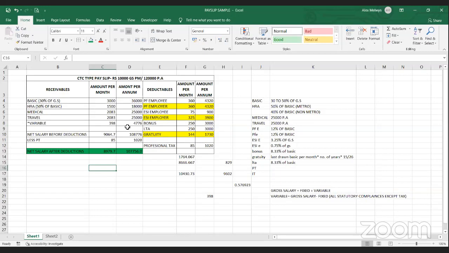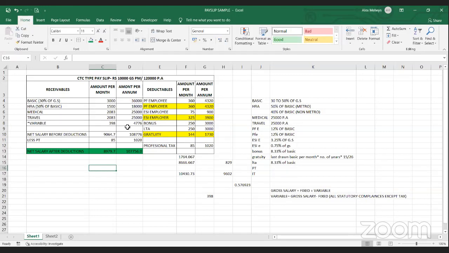Next step is you need to find the variable pay. How can I find the variable pay? Gross salary is equal to fixed plus variable. To get the variable component, I need to find gross salary minus fixed, which is all statutory compliances except taxes.